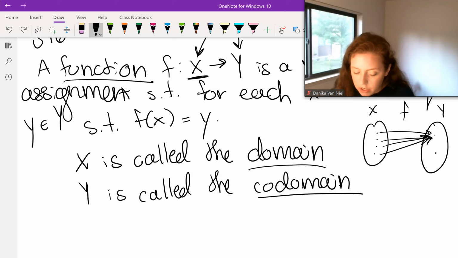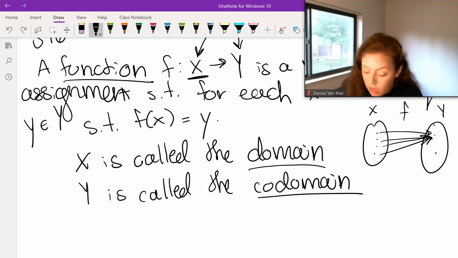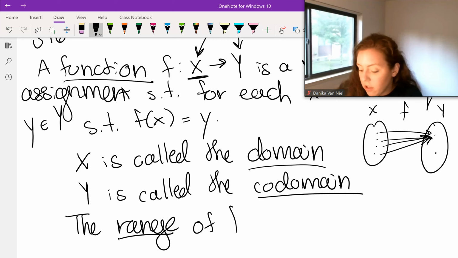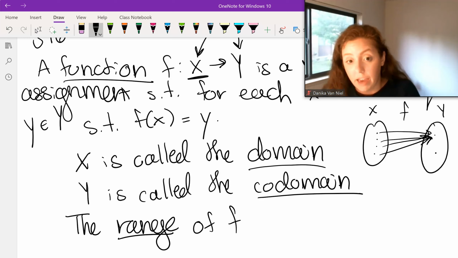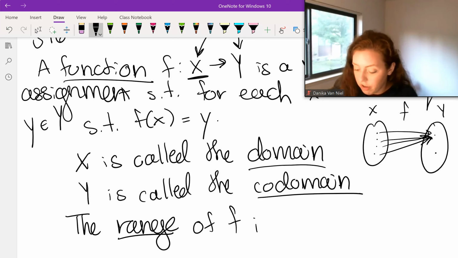Well, we actually have a way to narrow down the codomain, and we call it the range. The range of f is specific to f because it depends on what your assignment is. I'll write it down and then it'll make more sense.